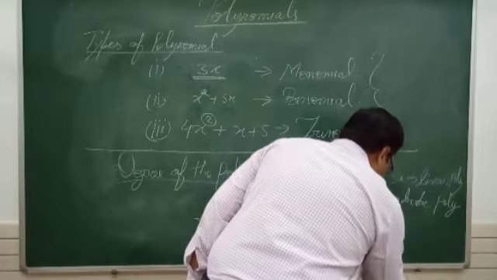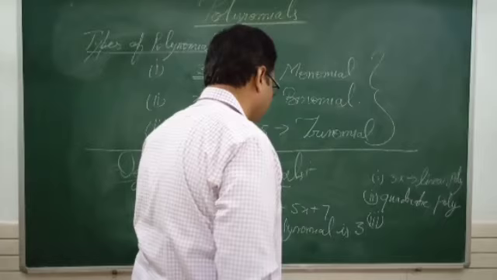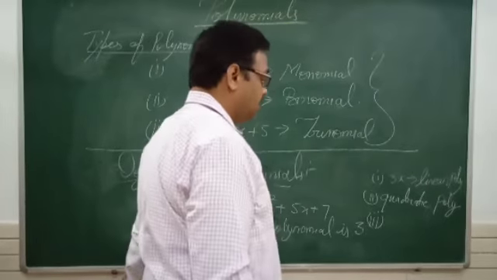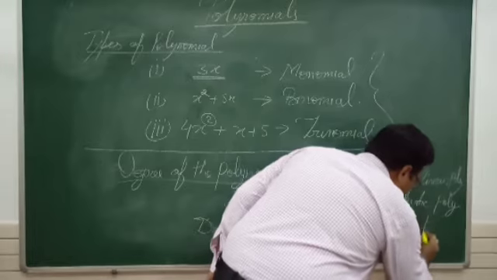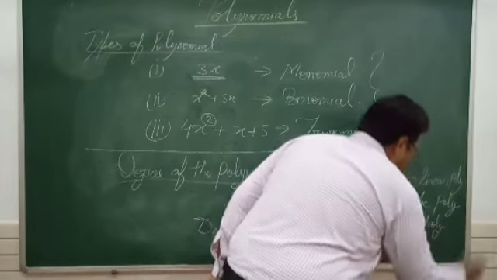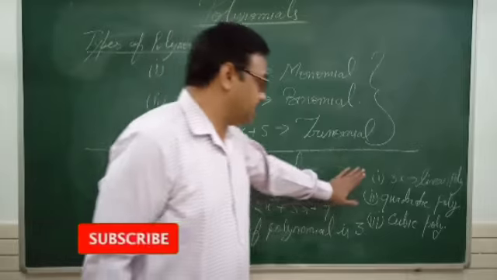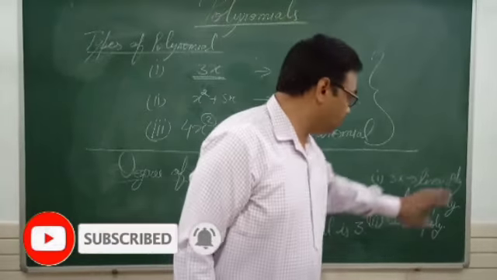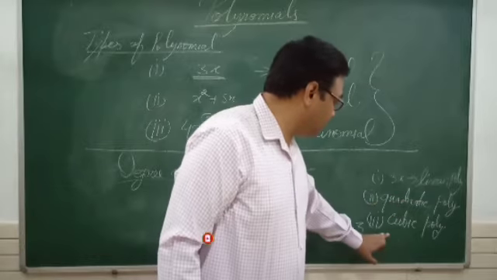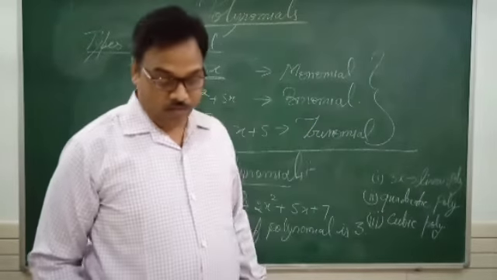And the third, where the degree of the polynomial is 3, is known as a cubic polynomial. So there are three categories on the basis of degree: linear polynomial, quadratic polynomial, and cubic polynomial.